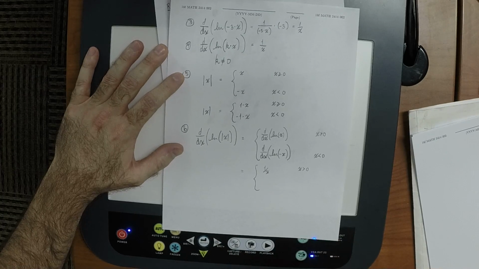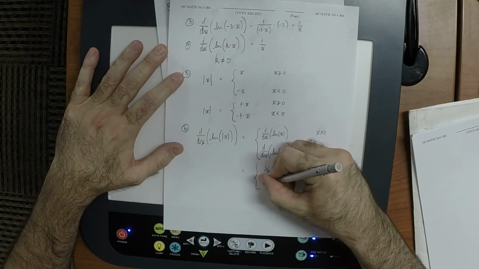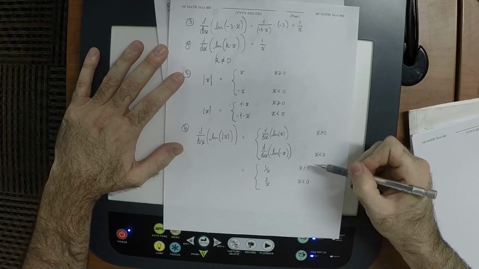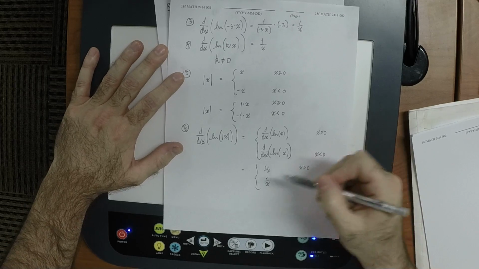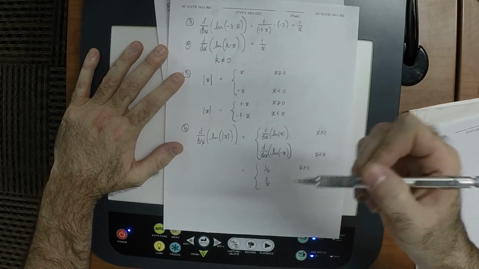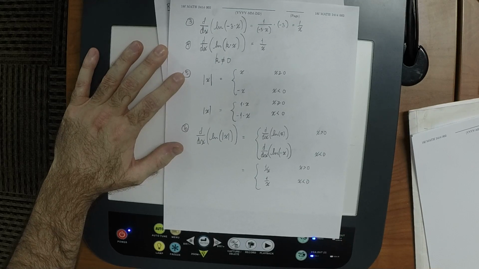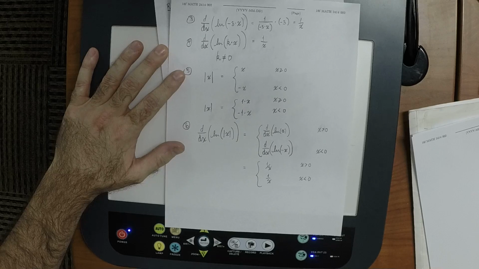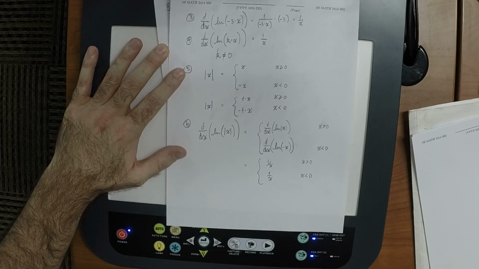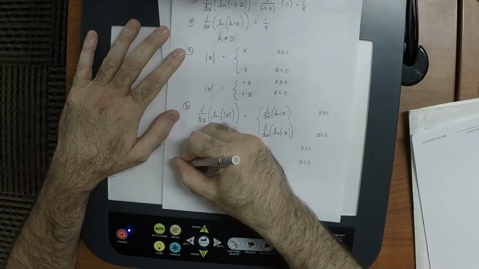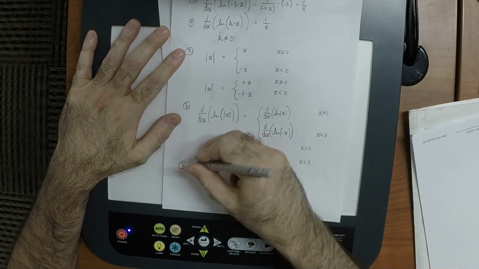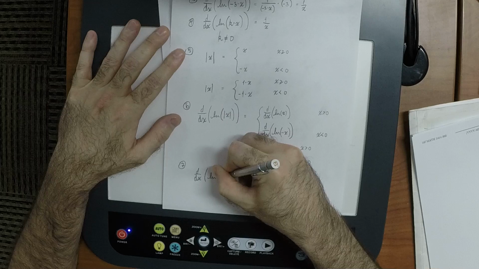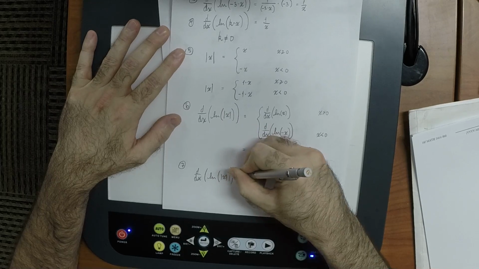So when x happens to be positive, the derivative is 1 over x. When x happens to be negative, the derivative is 1 over x. So in fact, the derivative is just 1 over x in all cases. Therefore, the derivative of the logarithm of the absolute value of x is just 1 over x.